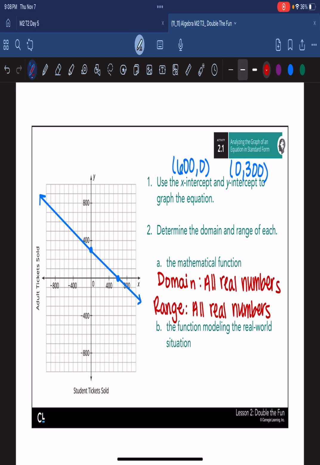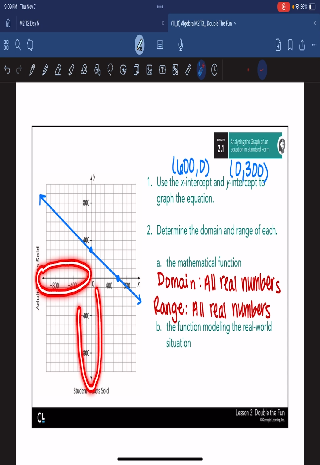Then we get to B. This is the function modeling the real world situation. So that's the important part here, the real world situation. In the real world, it is not possible to have a negative number of student tickets or a negative number of adult tickets.